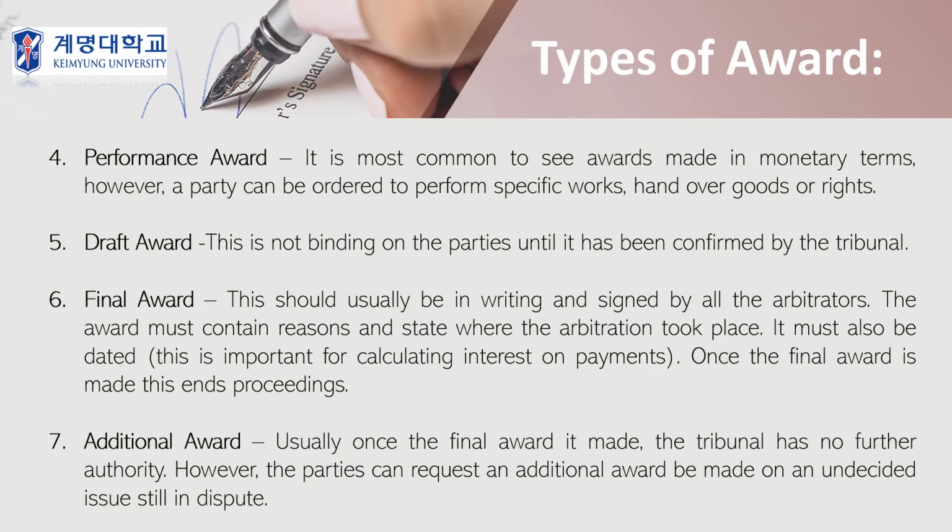So this additional award will only be honored or recognized if certain issues related to the claims need to be awarded, or need to complement the final award. Therein, you could have the additional award.